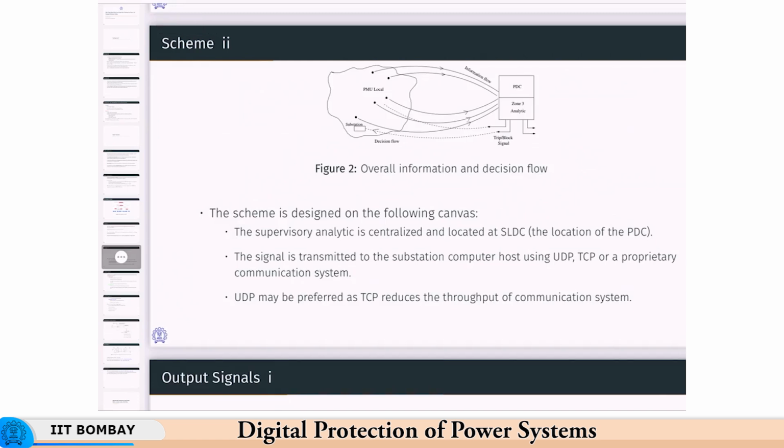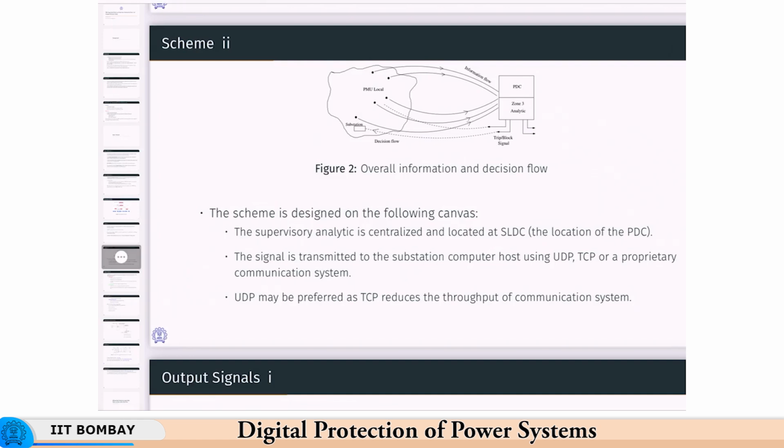Okay, so the next thing is figure 2, which shows how the information and decision flow happens from the network. This cloud represents the network, and depending on the PMUs that are placed all over the network and the data that is being transmitted, the PDC will assemble, as we said, the snapshot.